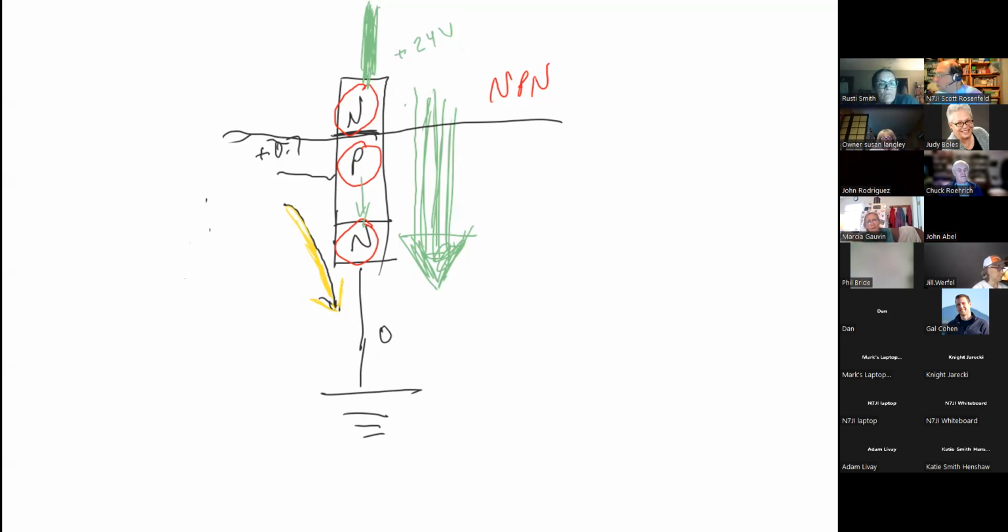If there's more current available, then we're going to allow a huge current to flow through.